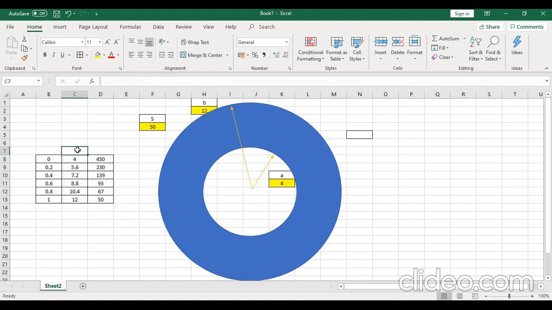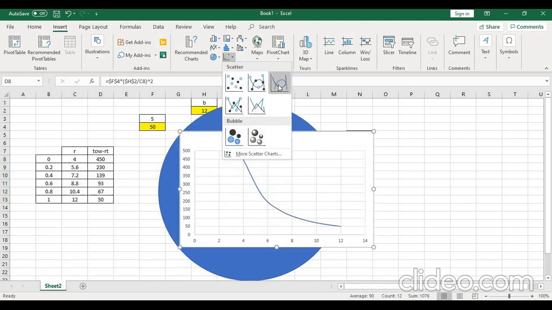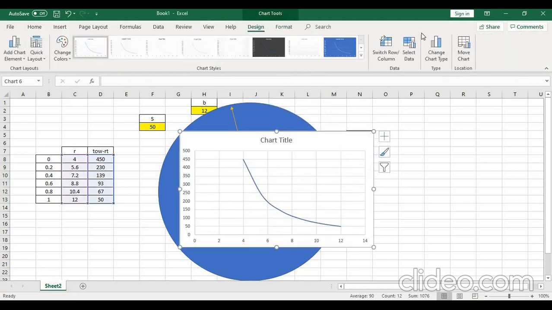So this is radius and this is tau r theta. Let me plot this: insert, and maybe I'll change the chart type.